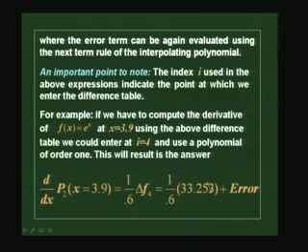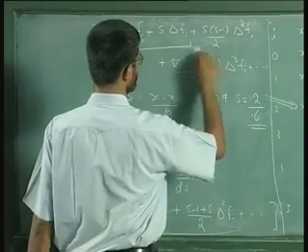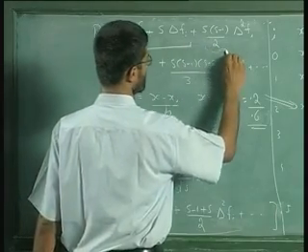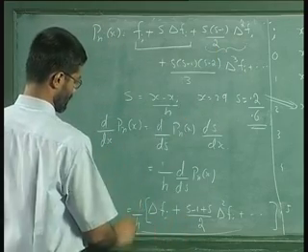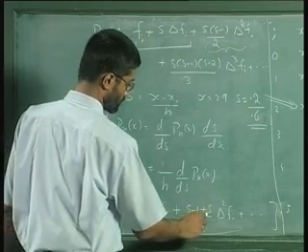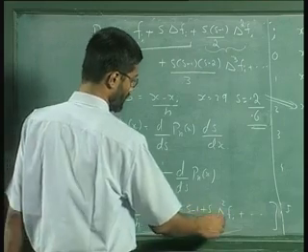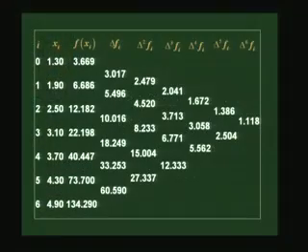So let's look at the error, which would be the next term in the polynomial. We have so far taken only the linear part. The derivative of the next term with respect to x is 1 over h times 2s minus 1 by 2 into del 2f. We know what del 2f is, starting from 4.